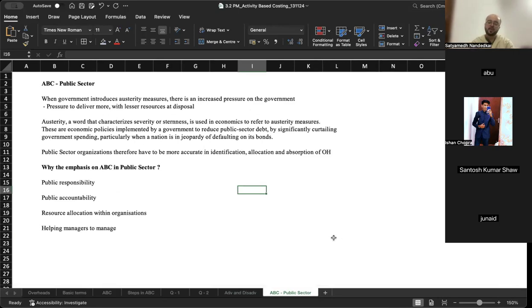When government introduces austerity measures, there is an increased pressure on the government to deliver more with lesser resources at disposal. Now, what are austerity measures? Austerity is basically a period in which the government wants to control its spending. Okay, so let me write that down here.